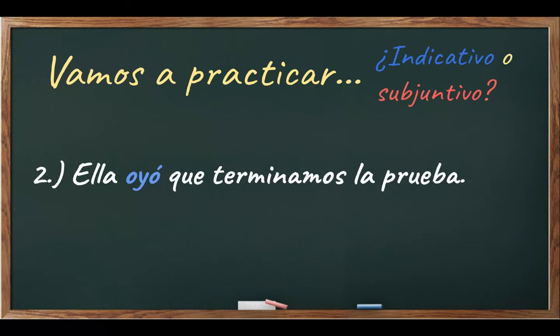So this is a perfect example of that. Moving on, ella oyó que terminamos la prueba. So going through our checklist, we have 2 verbs, oír, terminar. We have 2 subjects, ella and nosotros, and we have que. However, this is where it can be a little bit misleading because this is indicative. And the reason I know that is because we have the verb oyó here, which is conjugated in the preterite usted form of oír.